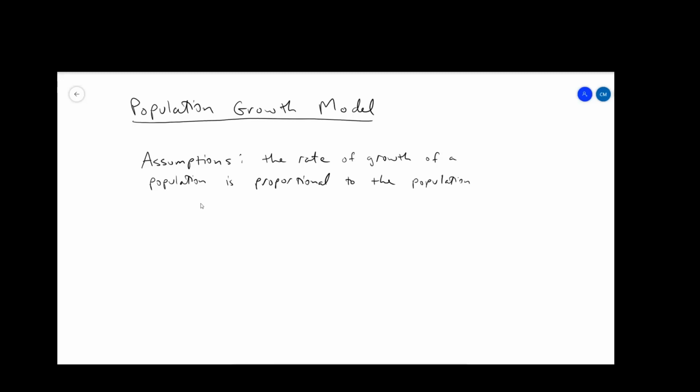Maybe just to be clear about that, I should say the size of the population. Okay, so again, that's a pretty simple assumption, but it's also a good assumption to make if you think about it, right?